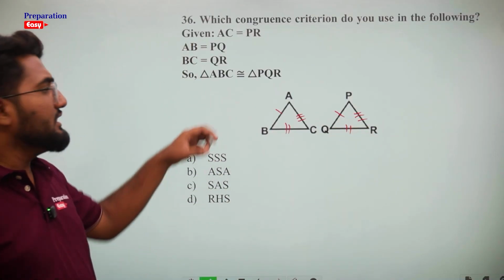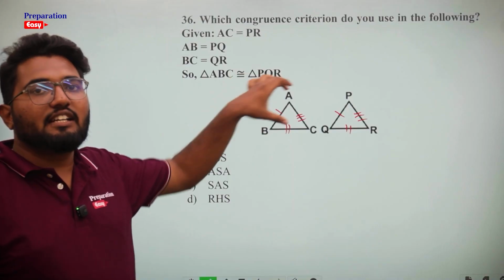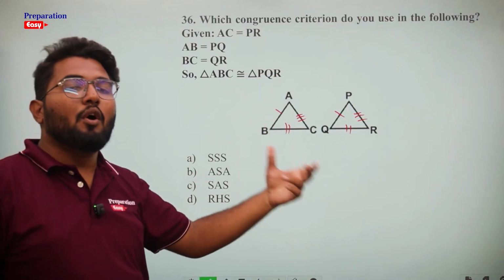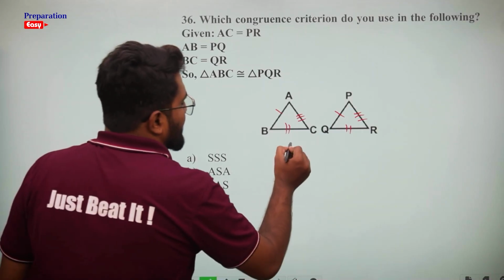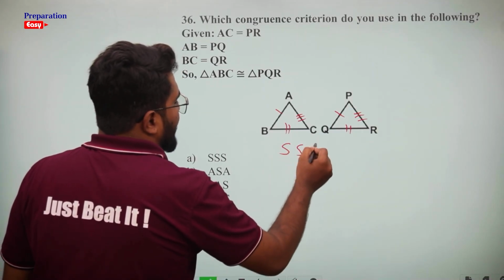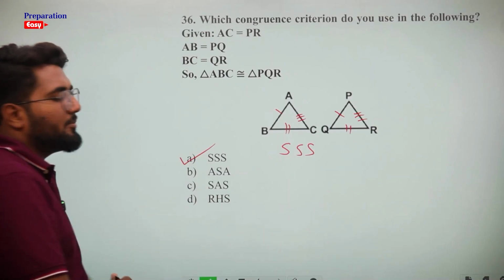Here we can directly say that three sides are equal, that is side, side and side criteria we will use to prove it as congruence. So option A will be the answer.